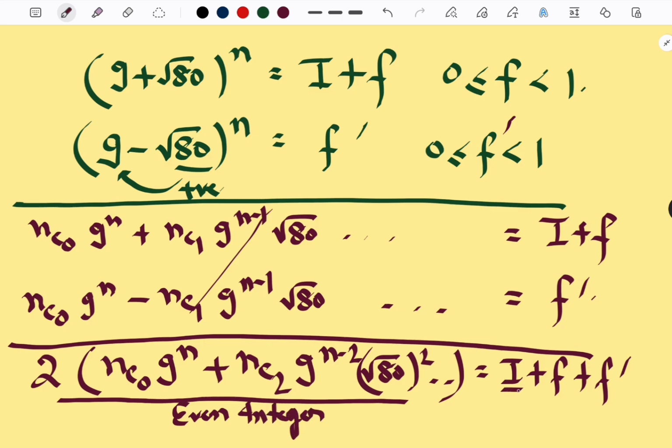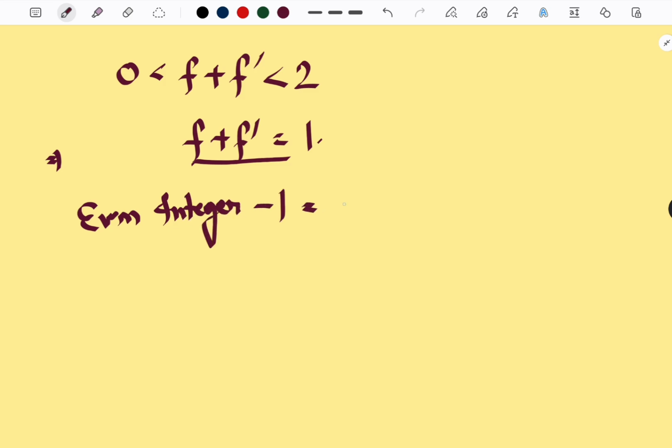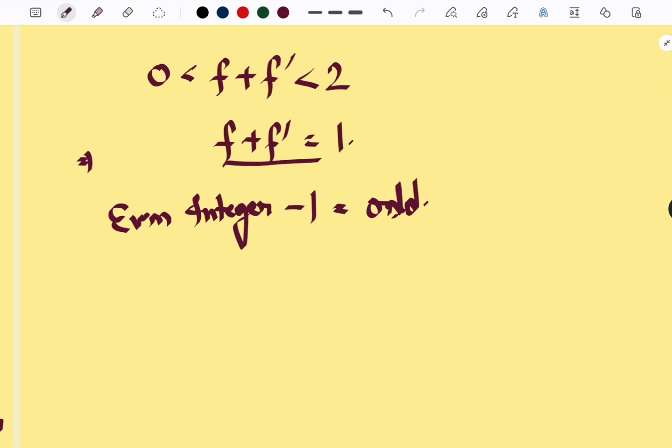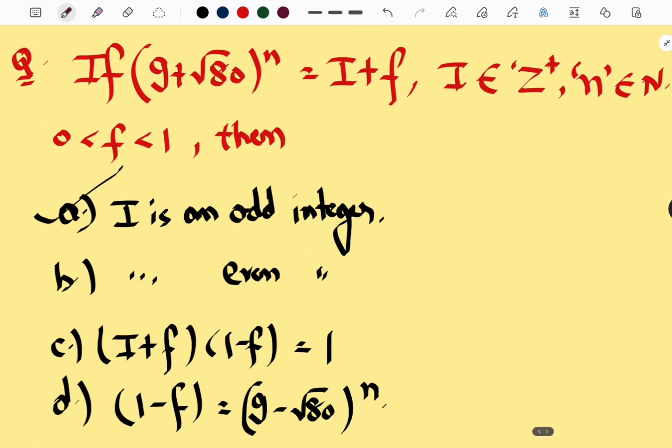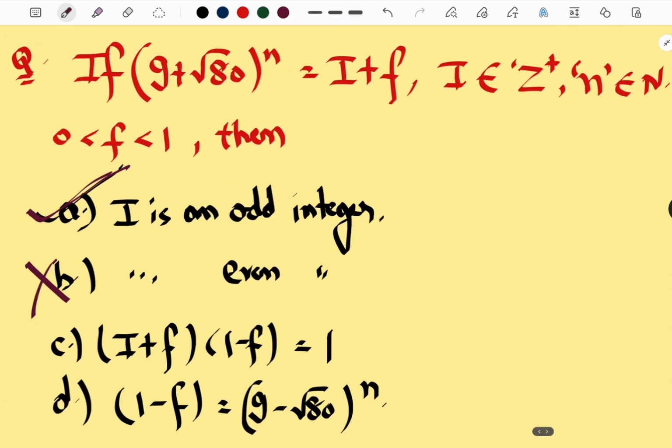Now this will be an integer, so f plus f' must be an integer. If it must be an integer, what value does it hold? It must hold f plus f' is equal to 1. So even integer minus 1 will obviously be odd. What was our question? The first question was: I is an odd integer. True, I will be an odd integer. I already ticked it before, but obviously I will be an odd integer now. So if I is odd, this will not be even.